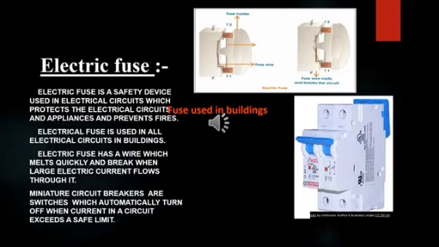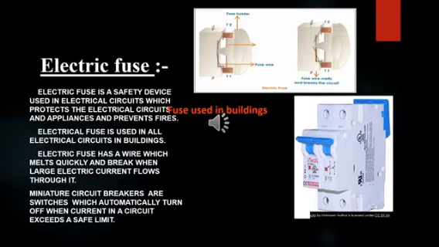So when there is any excess current flowing in the circuit and this fuse goes off, the whole current in your house is switched off. This happens when there is excessive flow, so it's directly connected to the main switch in your houses.